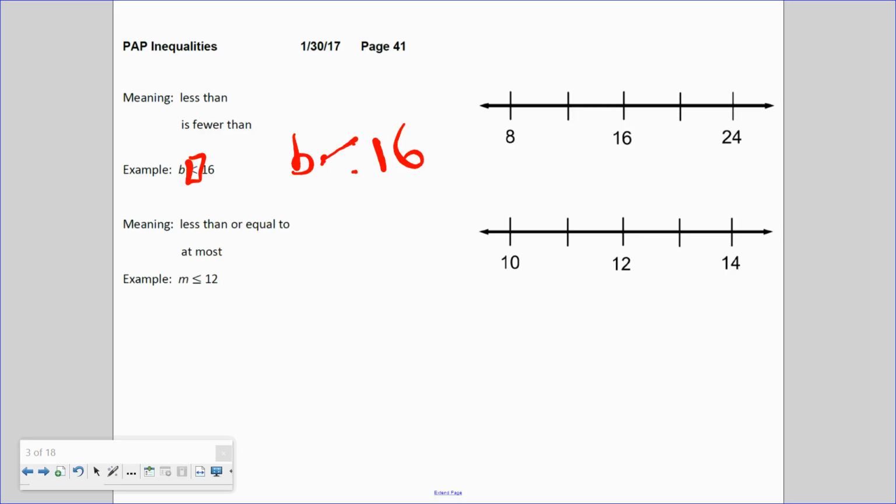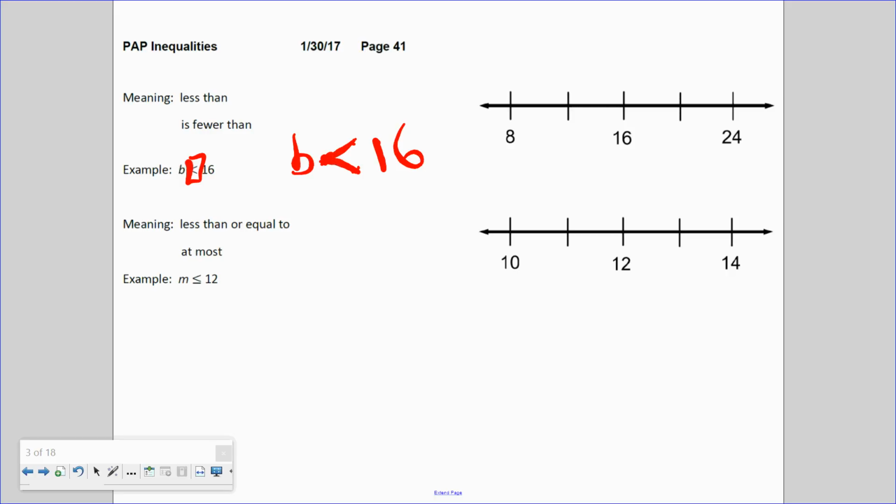And to make this inequality symbol, you connect the dots. So b has less than 16. That's how I see it. Or some people can just look at the symbol and know that this side is less than 16.